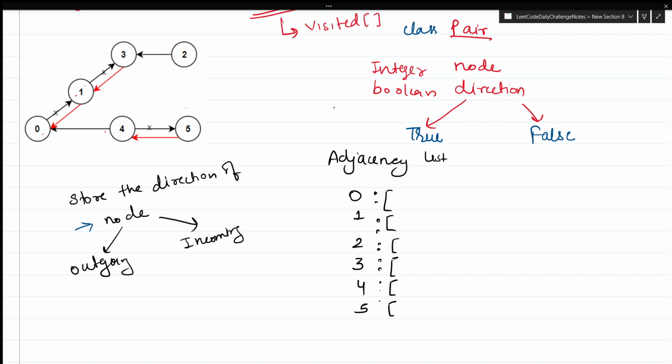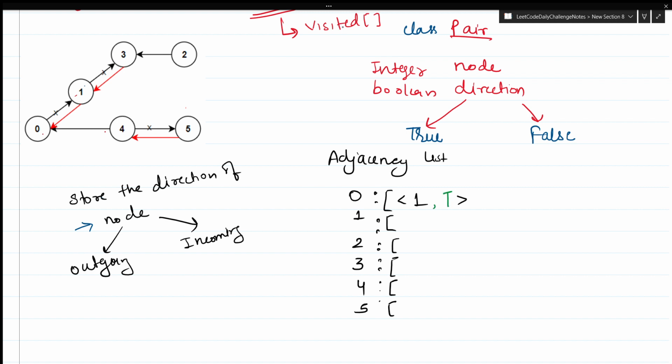So 0 is connected to 4. 0 is connected to 1, and there is an outgoing branch, so it will store true.